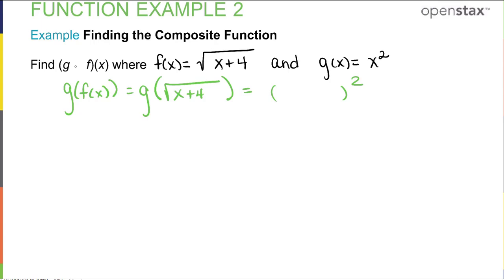Inside the parentheses, we substitute in x plus 4, because that's what f of x equals. If you know anything about square roots, they are undone by a square. So a square undoes a square root, and that just leaves x plus 4. And that's as far as you can go there.